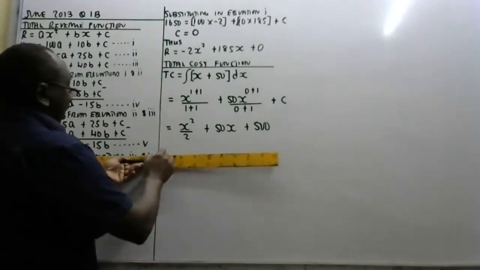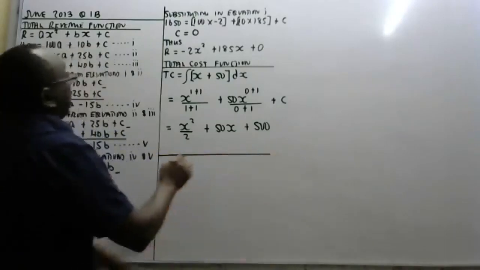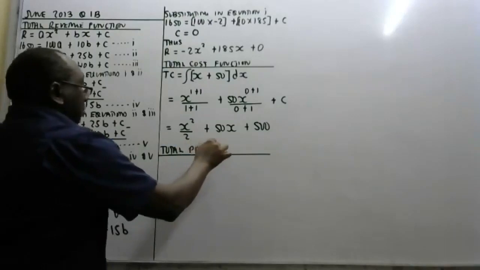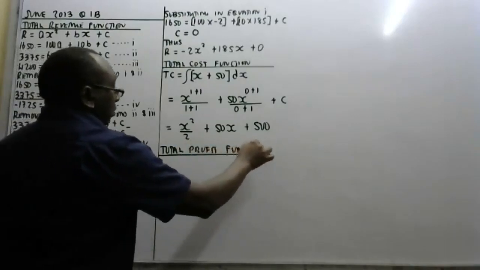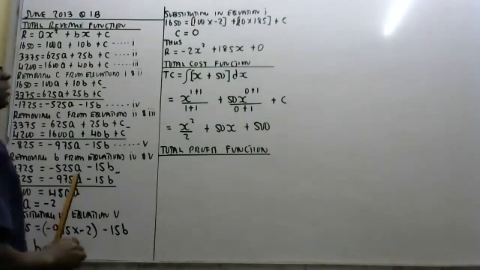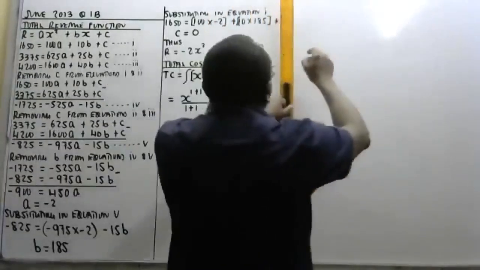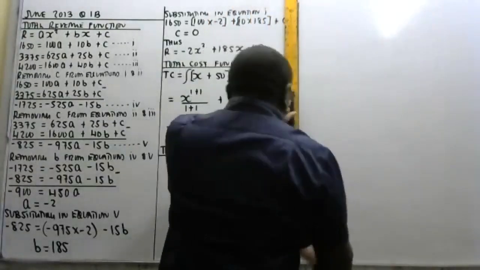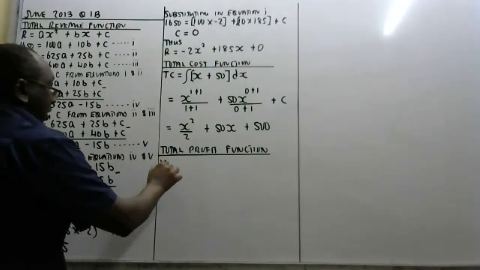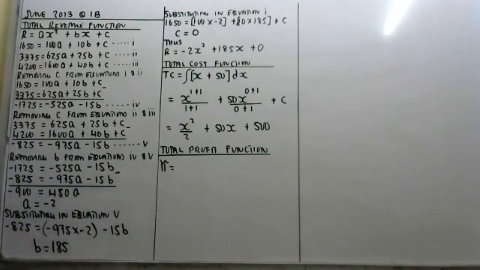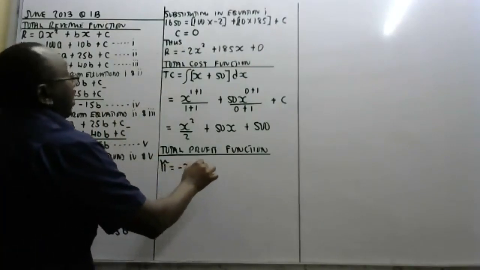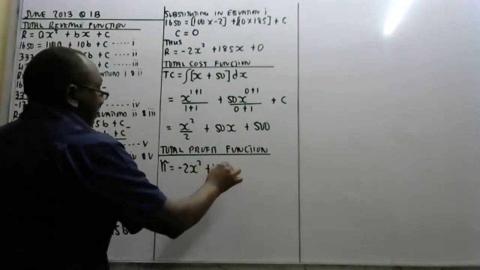From there, let us proceed to look for the total profits. Total profit function. We know that pi is given as revenue, which is minus 2x squared plus 185x.